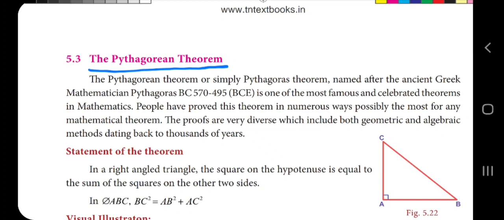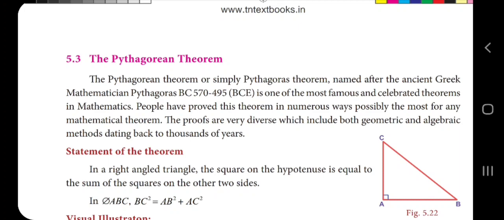The Pythagorean theorem, or simply Pythagoras theorem, is named after the ancient Greek mathematician Pythagoras, who lived between BC 570 and 495. It is one of the most famous celebrated theorems in mathematics.